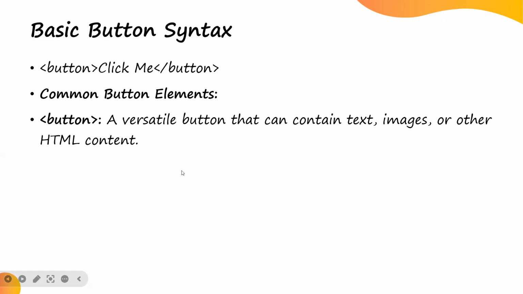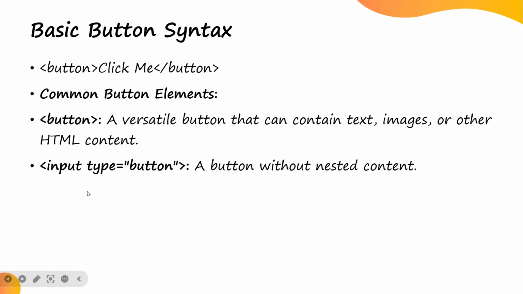Okay, so now we also have the input. We also have another type of button that is an input element. This one will not contain any text, images, or any other HTML element.